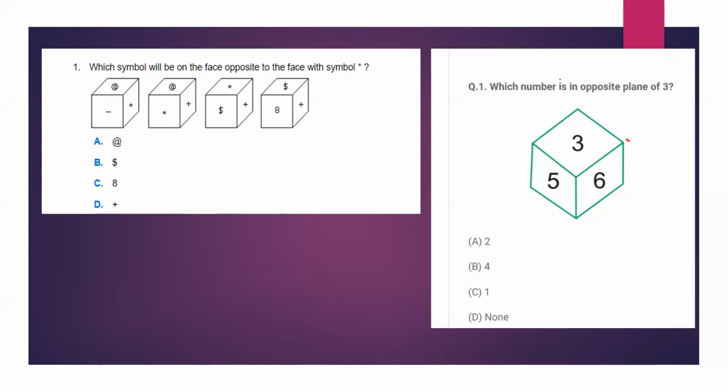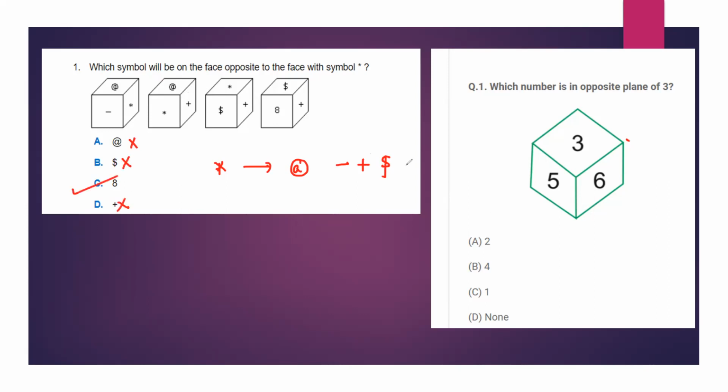This is a very, very famous dice question which appears in almost every exam. For doing the shortcuts, just concentrate, and you will be able to do any type of question very nicely. So star, opposite of star. Just see what is adjacent to star. Alpha is there, minus is there, here plus is there, here dollar is there. So alpha cannot be opposite, dollar cannot be opposite, this cannot be opposite.